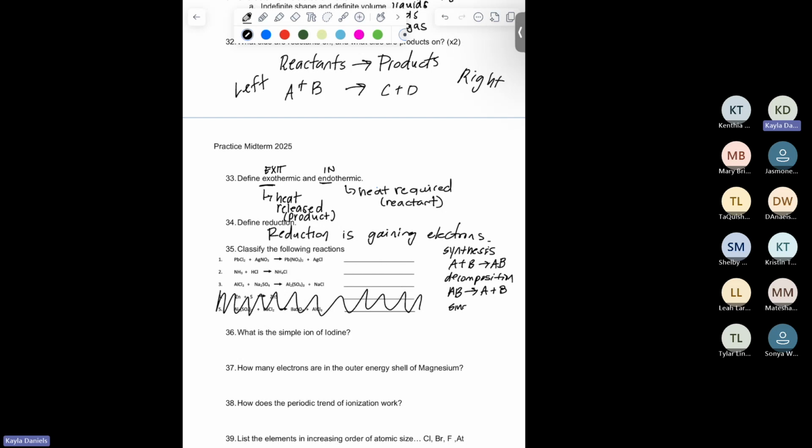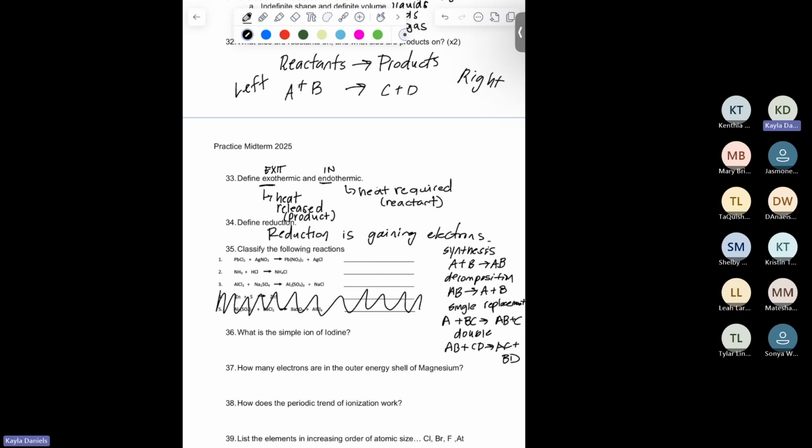We have single replacement, where one person's going to be single on each side. Double was the swingers. So AB plus CD, and then we go to AC plus BD.